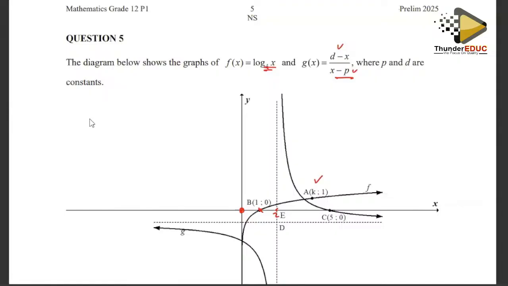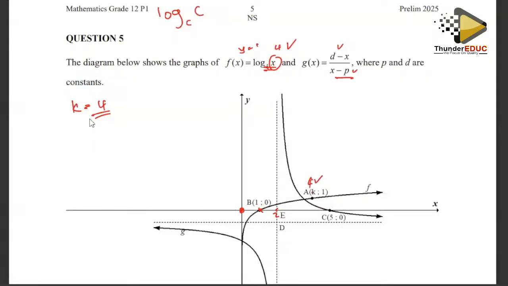From our function of f, for us to get a y of 1, x needs to be 4, meaning that k is going to be 4 because log 4 base 4 gives us 1. From our laws of logarithms, for as long as the base and the argument are the same, then we get 1. So k is 4, sorted.